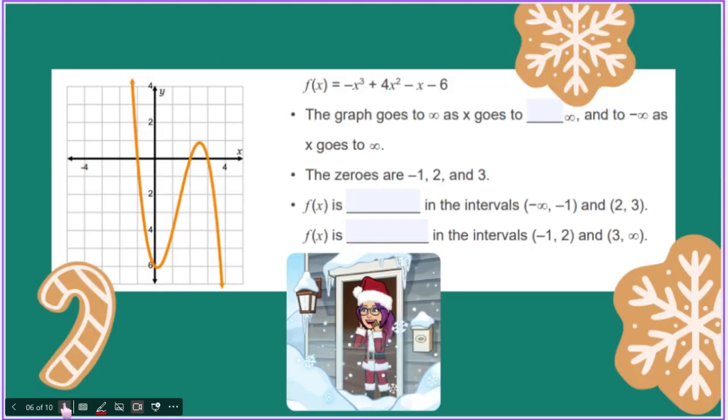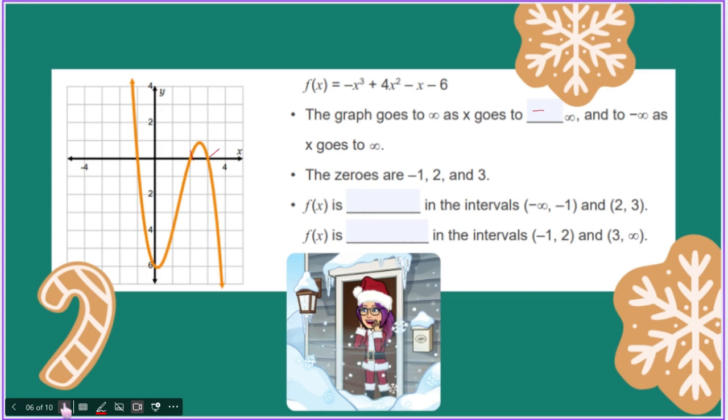All right, here's the next one. The graph goes to infinity as x goes to negative infinity, and negative infinity as x goes to positive infinity. So we have the zeros of negative 1, 2, and 3. So that's where it crosses the x-axis. And we're going to have f(x) is blank into intervals.